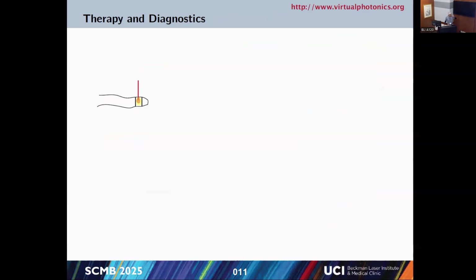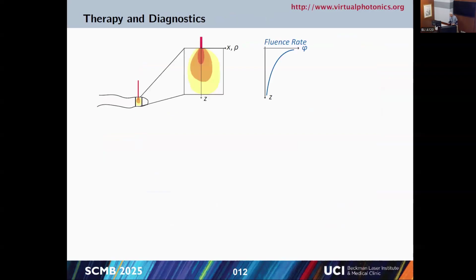And so this is, diagrammatically, what a light field might look like if you're putting a red laser pointer on your finger. And I'm using this as a way to illustrate the differing considerations you may have when you're perhaps interested in a therapeutic application versus a diagnostic one.